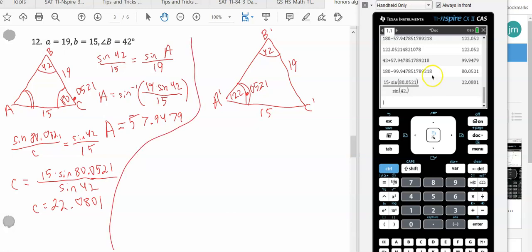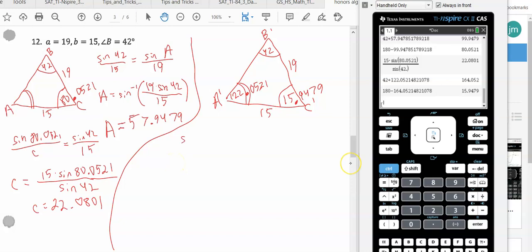So we've got a little bit of work to do. So let's add up the 42 plus the 122, and 180 minus that is going to be 15.9479 for that angle. And then we just got to figure out the missing side, little c prime.